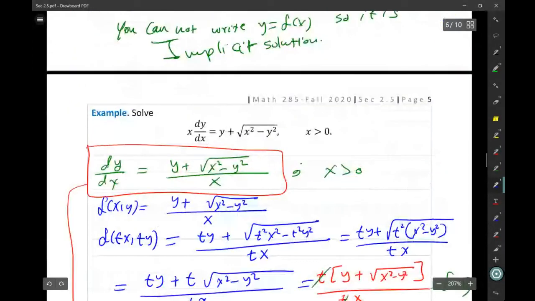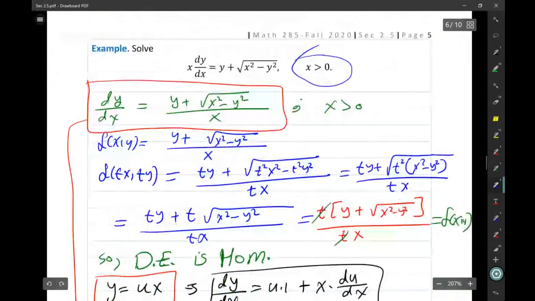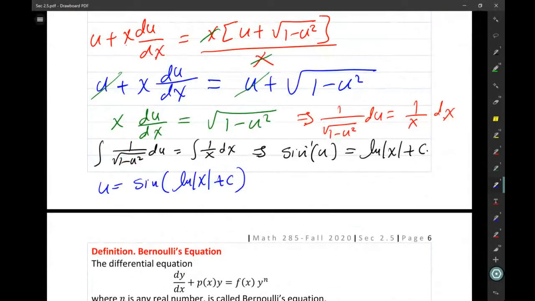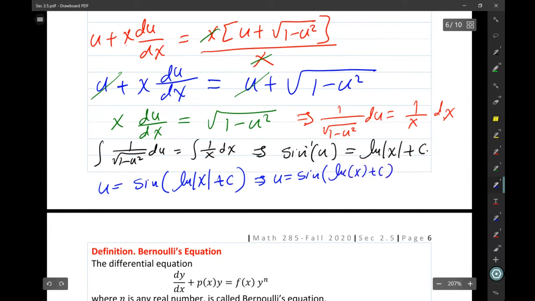Now go back to the question. It said x is greater than 0, so there is no need here for the absolute value. Now replace u back: u becomes sine of ln x plus c.